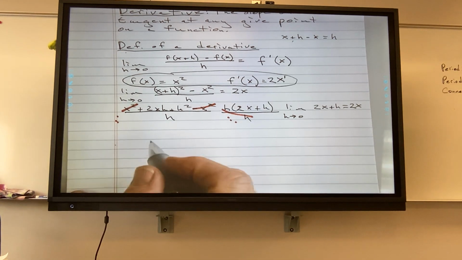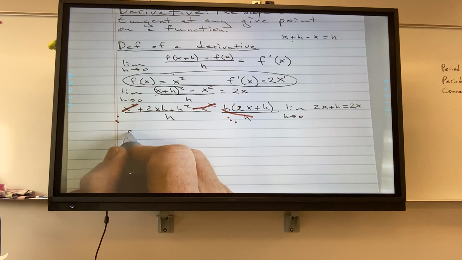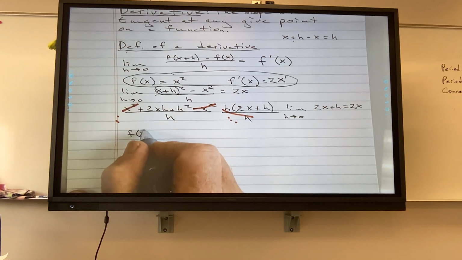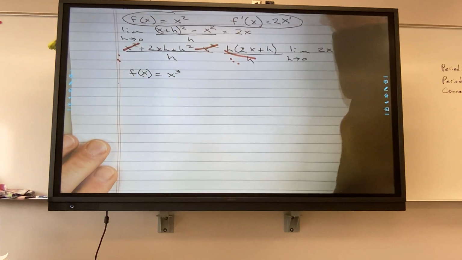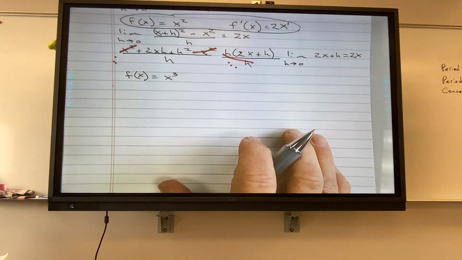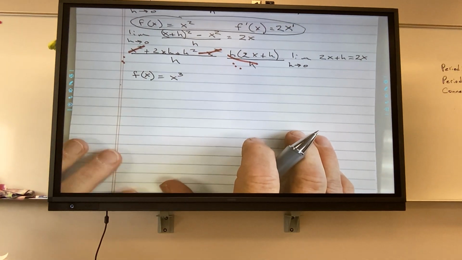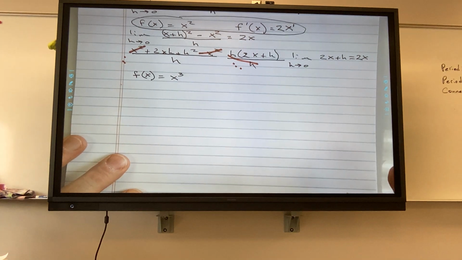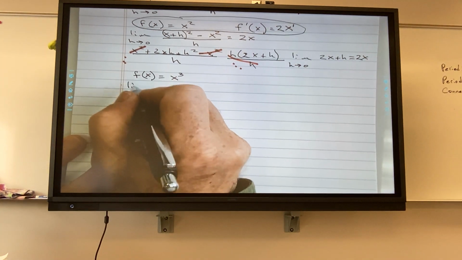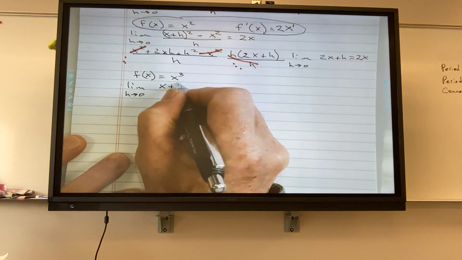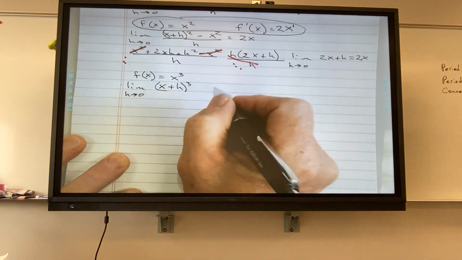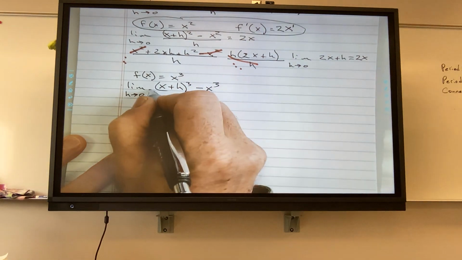Alright, so then I said, because I had nothing to do, what's x cubed? Well, because I had Mr. Eckstein, he showed me a quick way to do this. So I took the limit as h goes to 0. I've got x plus h cubed minus x cubed over h.